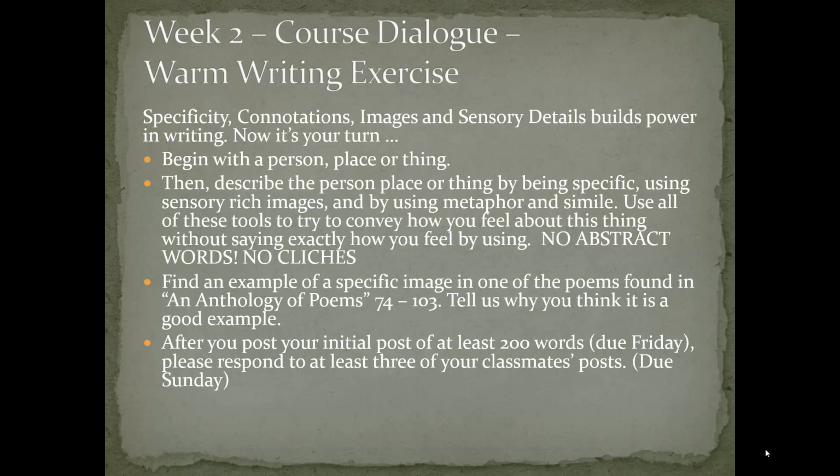Then describe the person, place, or thing by being specific, using sensory-rich images, and by using metaphor and simile. Use all of these tools to try to convey how you feel about this thing without saying exactly how you feel, by using no abstract words and no cliches. If you use abstract words or cliches, you will lose points.